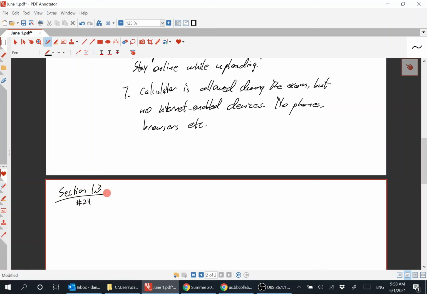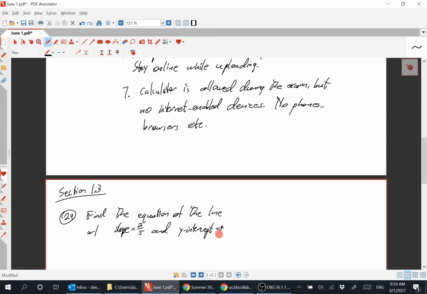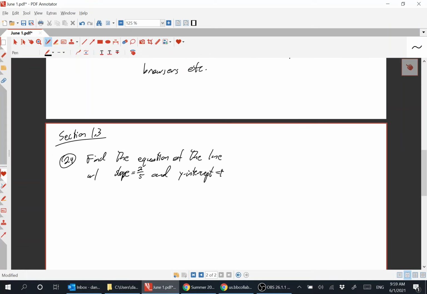Section 1.3, number 24: find the equation of the line with slope equal to 2/5 and y-intercept equal to 4. This one is pretty straightforward.